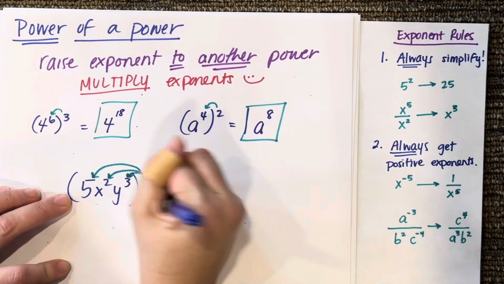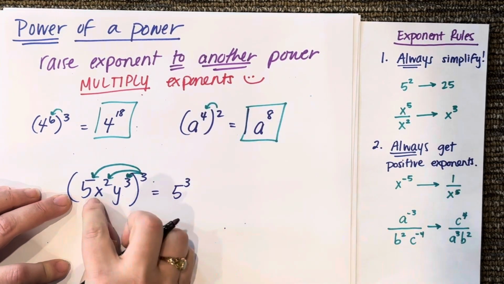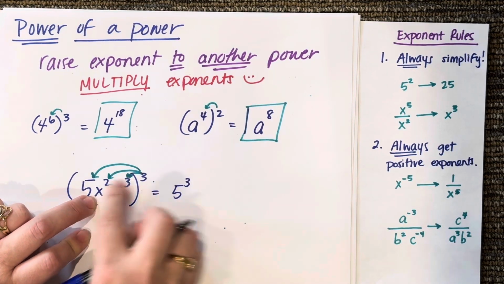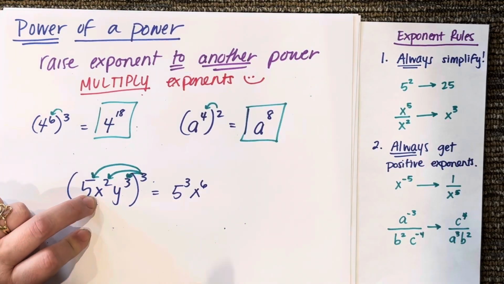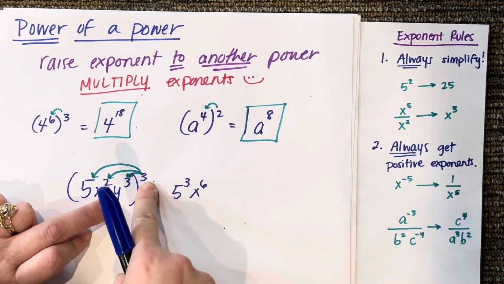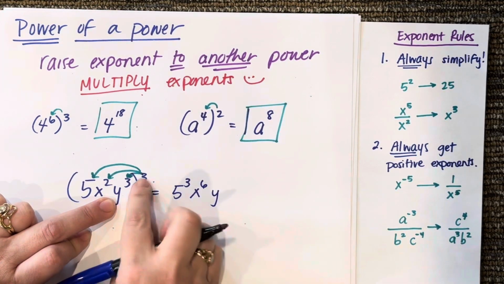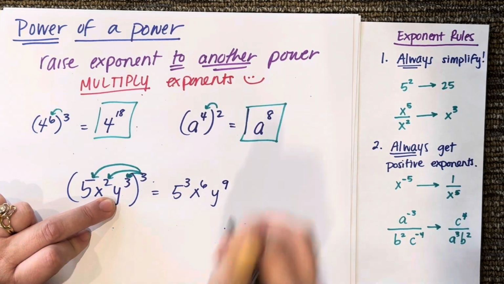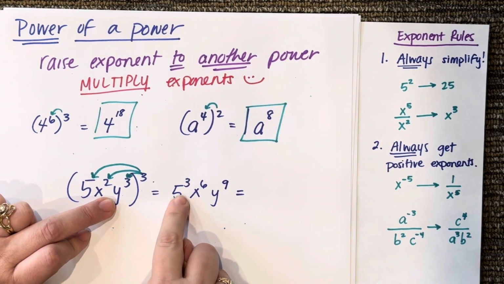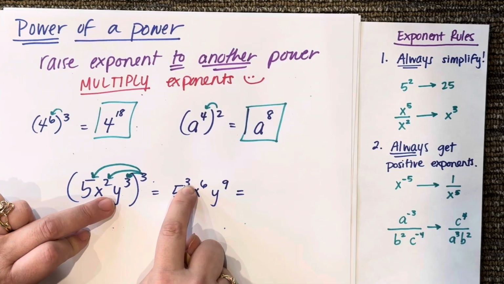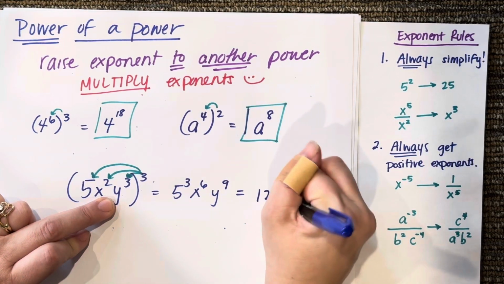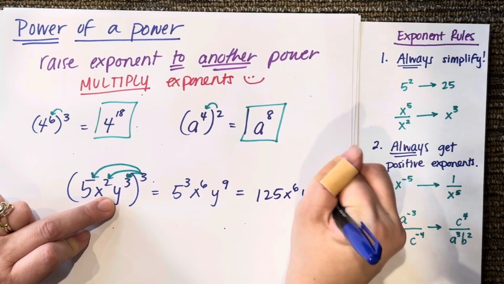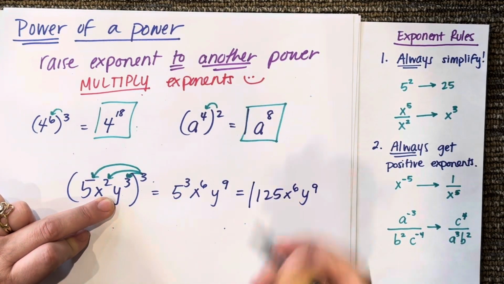Okay, so this is going to be 5 cubed times x squared to the 3rd power, so 2 times 3, so x to the 6th, and y cubed to the 3rd power is 3 times 3, so y to the 9th. And then I'd want to simplify this. 5 cubed is 125, right? So this is 125 x to the 6th, y to the 9th.